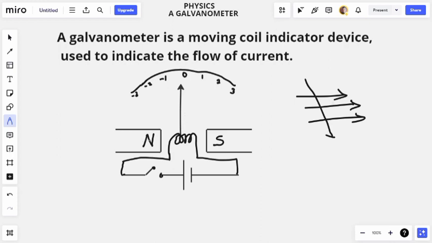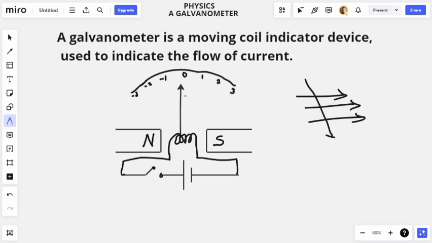So a galvanometer has its magnetic field generated by a permanent magnet, and then it has a conductor, a coil of wire placed in the magnetic field generated by those two magnets. So if this switch is closed and current flows through that coil, it will experience a force.